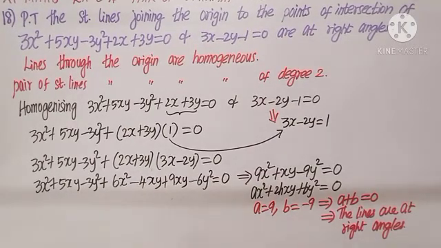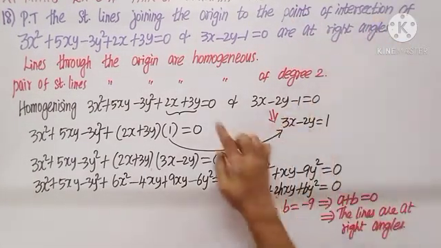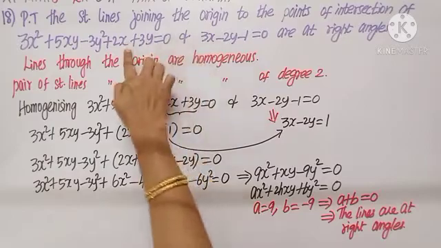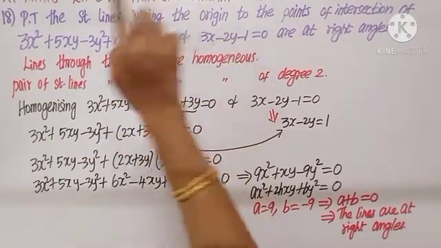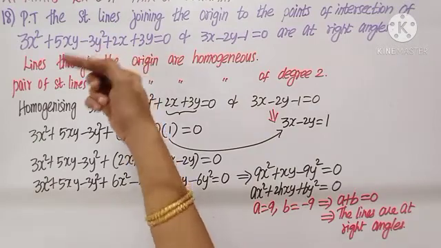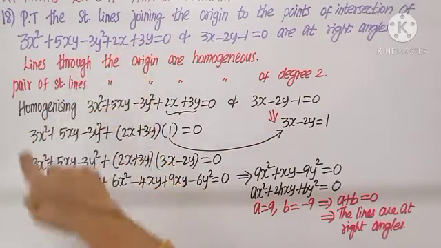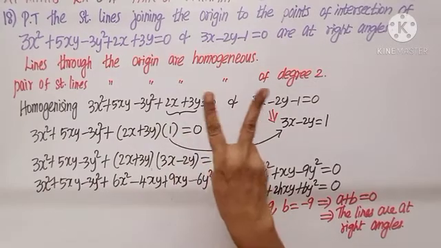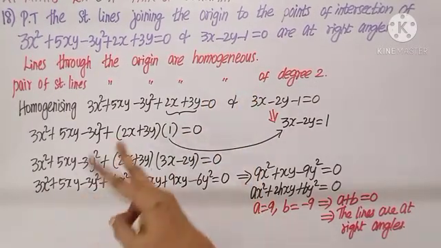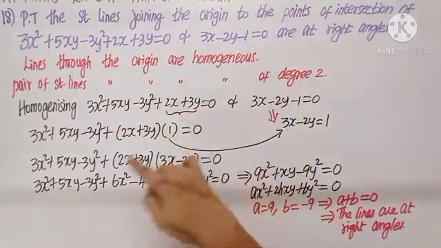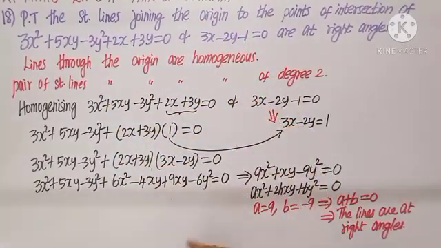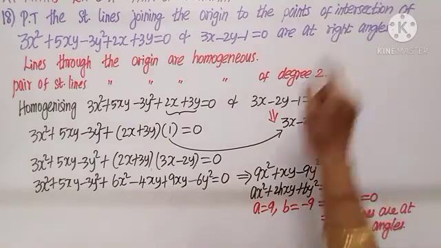The usual way of doing it is, whenever I see points of intersection, I must try to solve the two equations. From here, get what y is, put it back in this equation, I get some second degree equation in x, solve. So, I will get the 2 points. Once I get the 2 points, with the origin, you find the slopes of the two lines, show m1 m2 equal to −1.